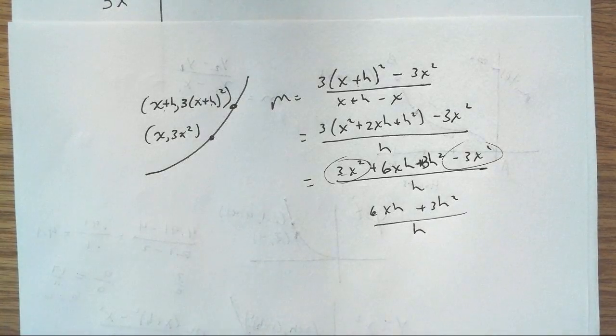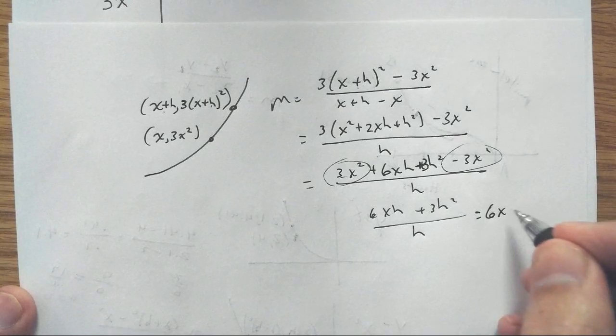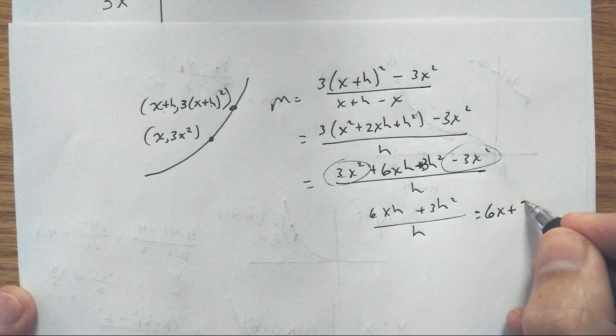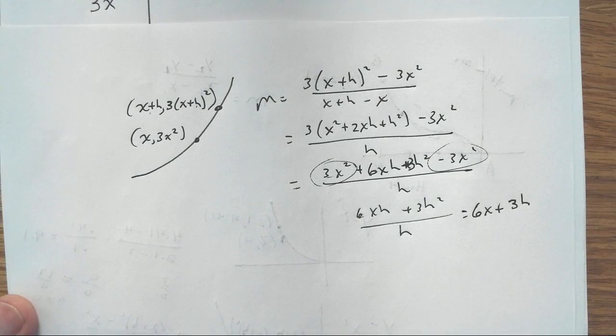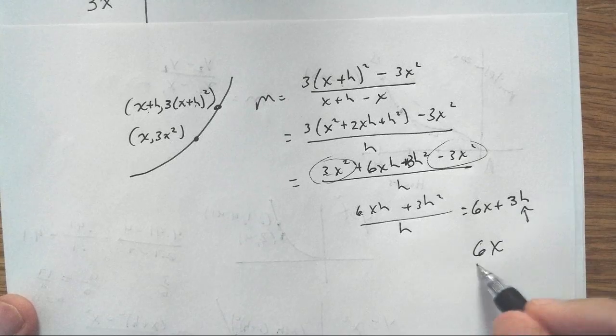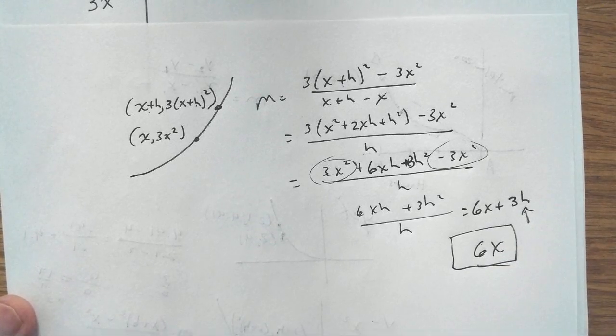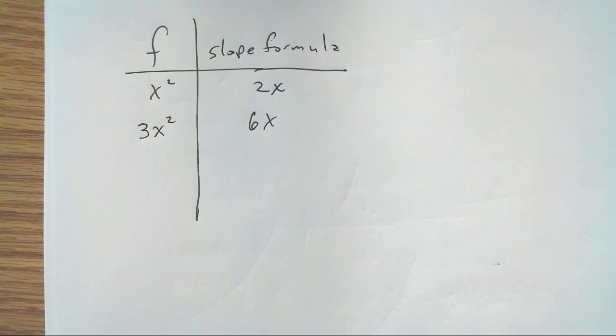And if I choose 0 for h, I got problems. But I can cancel h, and I get 6x plus 3h. And now if I let h equal 0, I just get 6x. Hands if you had a prediction of 6x.